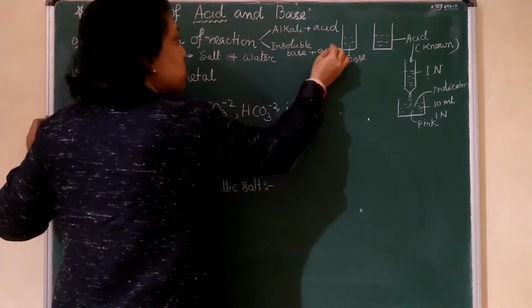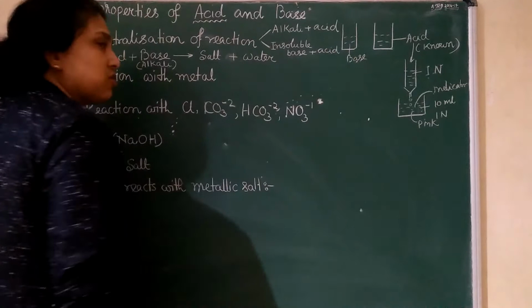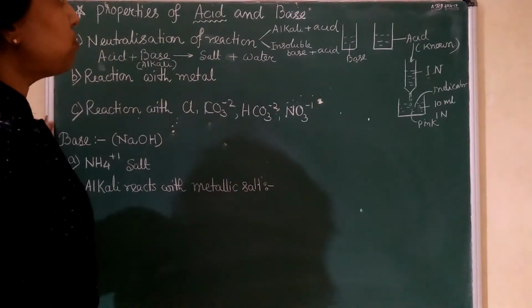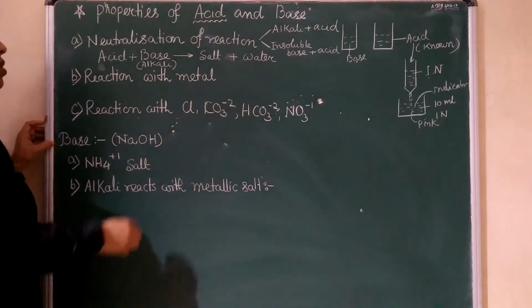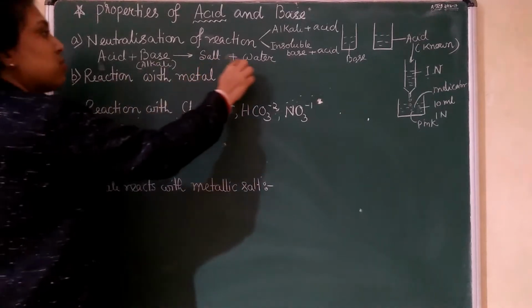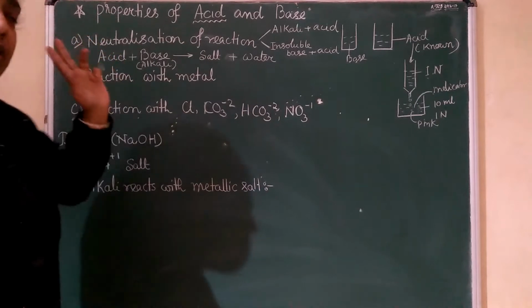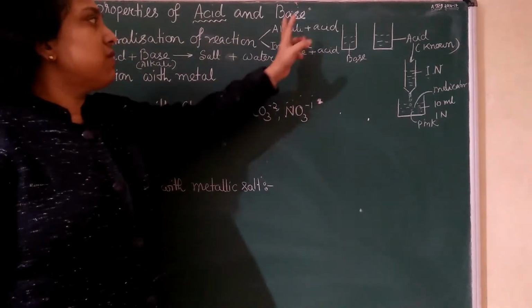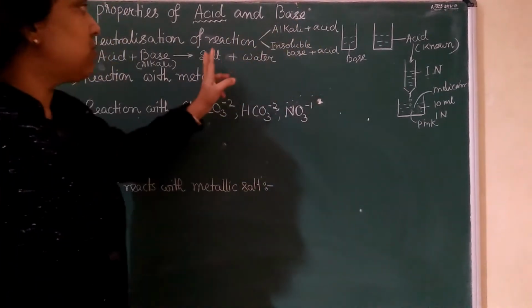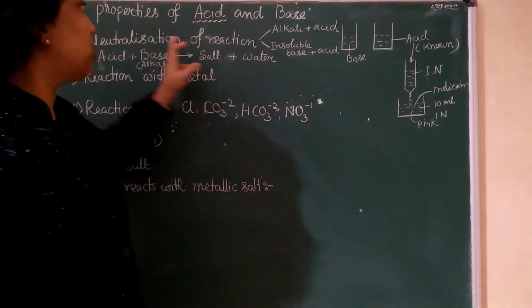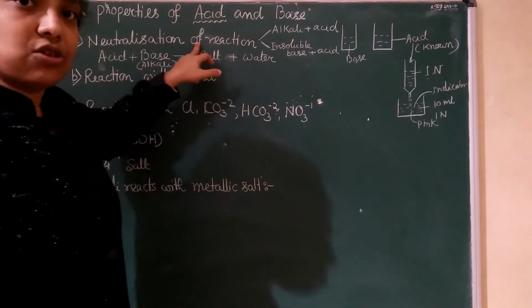This will also be called a neutralization reaction. The products are salt and water. So you have to remember, whenever a base reacts with an acid, it will give salt and water, and that kind of reaction is called a neutralization reaction.